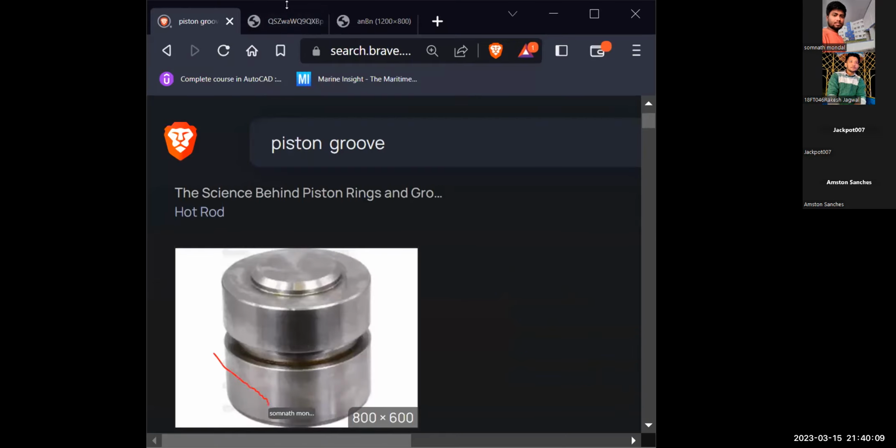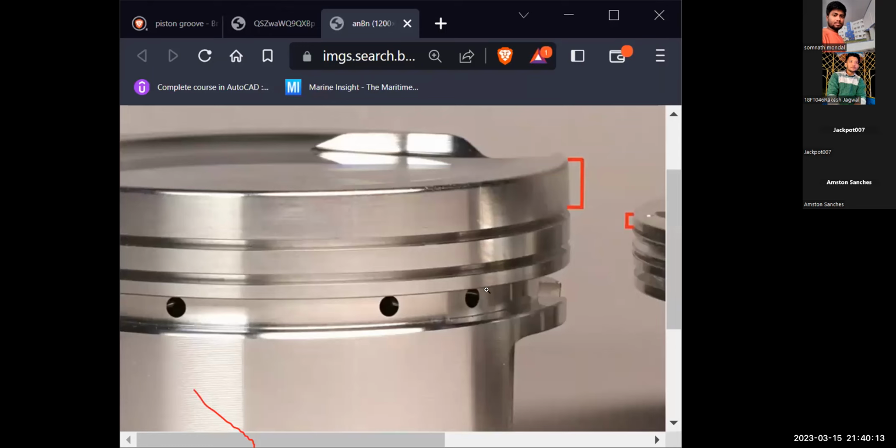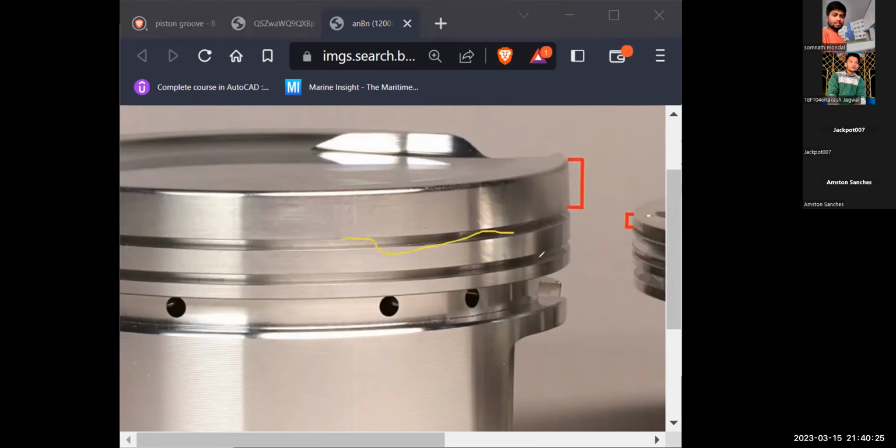This picture is showing the piston groove. Now you see this gap, that's called the groove. Here goes the compression ring, here goes the oil scraper, and here goes the oil ring.